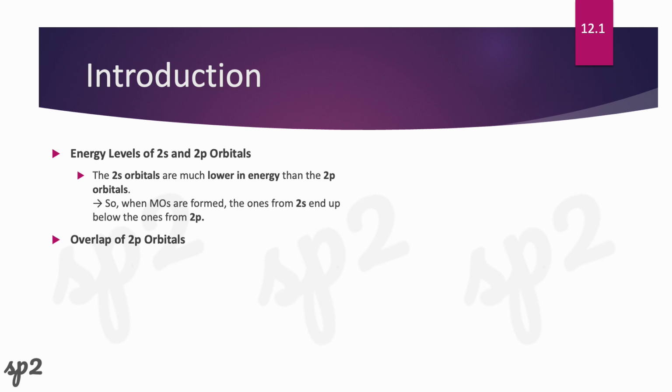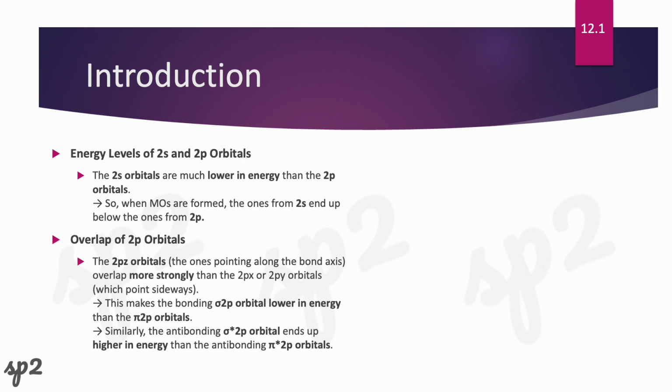Now, if you think about your 2p orbitals, they have different orientations, right? So consider the 2pz. That is the one that is always pointing along the bond axis, and it's going to have a very good overlap, strongly bound than the 2px and the 2py orbitals, because those are the ones that are pointing sideways.